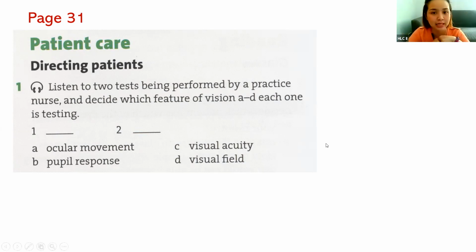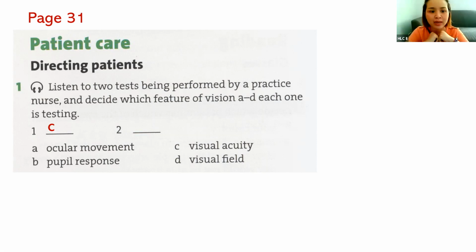So the answer is C, visual acuity, which means the sharpness of vision. Acuity means sharpness.